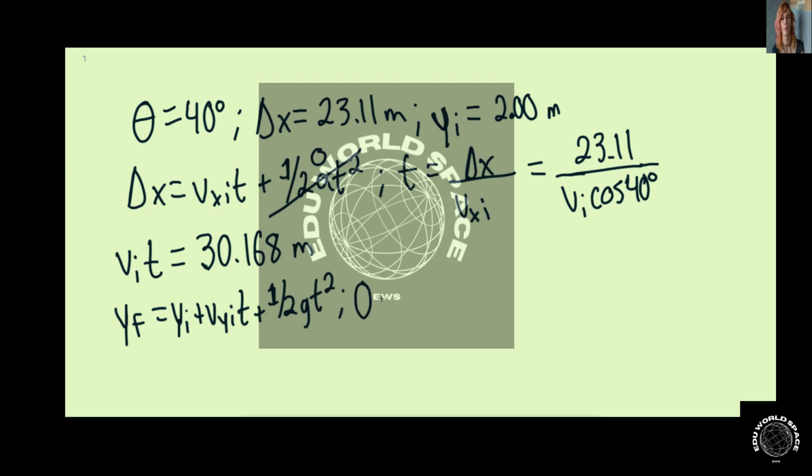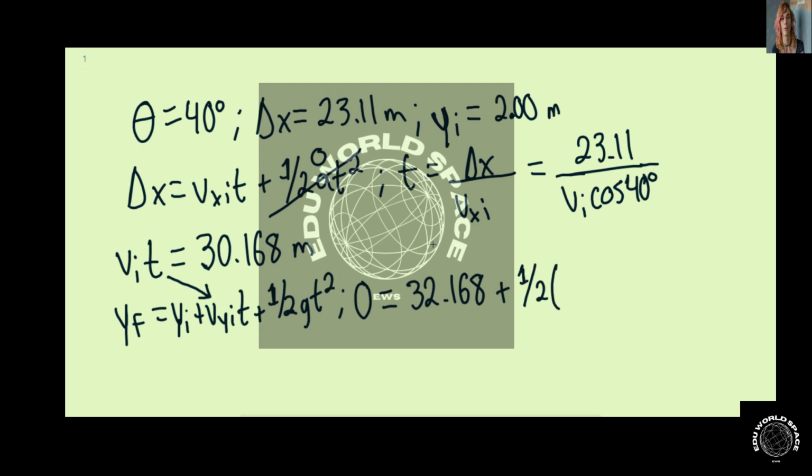So we have 0 equals, again, the change in height would be 0 here, and then vy t. Here you would simply substitute this into this. You'd substitute this term into this equation here, and we have 0 equals 32.168, and then plus 1/2.